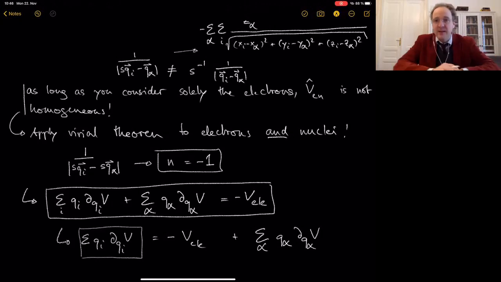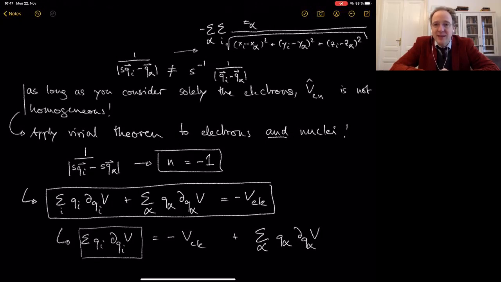That's the tricky part. And we don't know a priori the shape of the potential with respect to the derivative of the potential with respect to electronic degrees of freedom. But actually, the derivative with respect to nuclear degrees of freedom, that's something a little bit easier, okay?